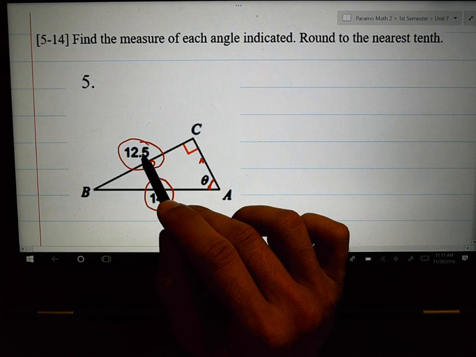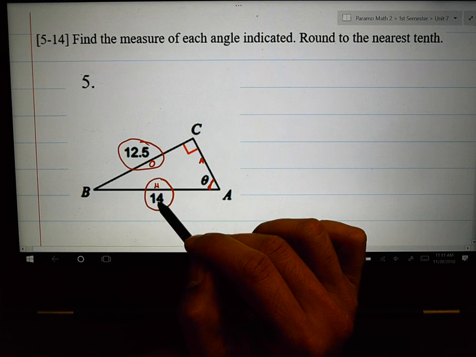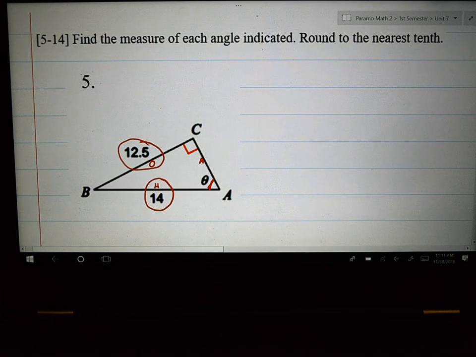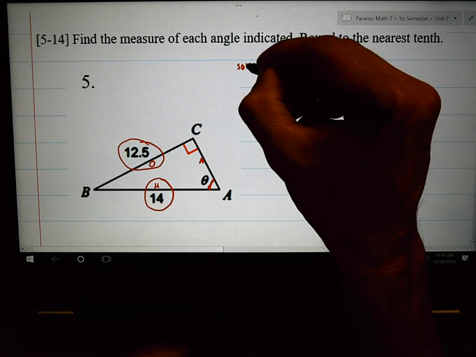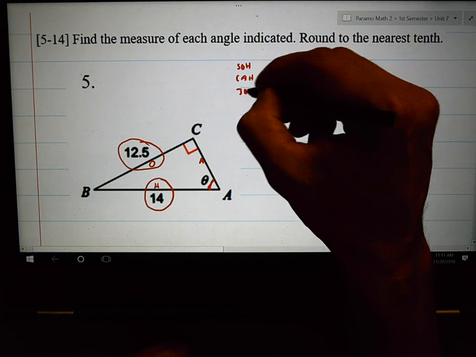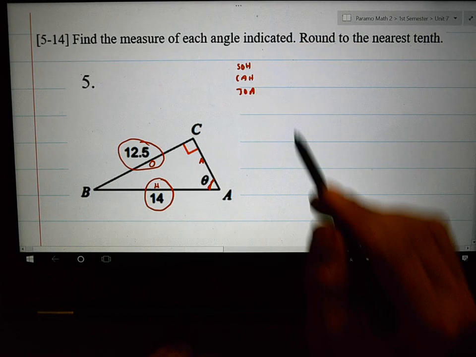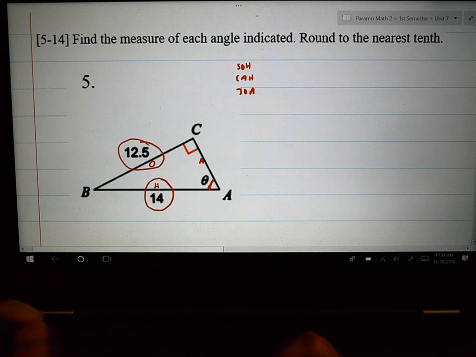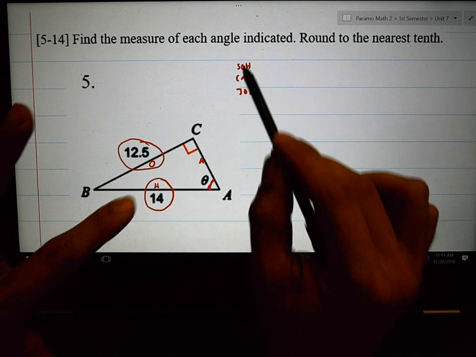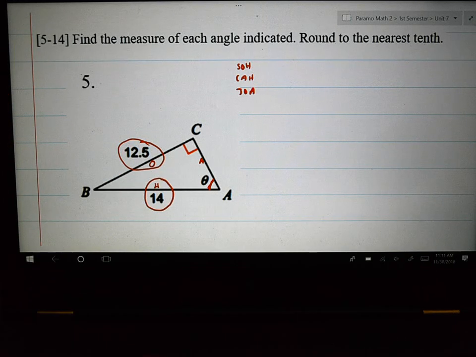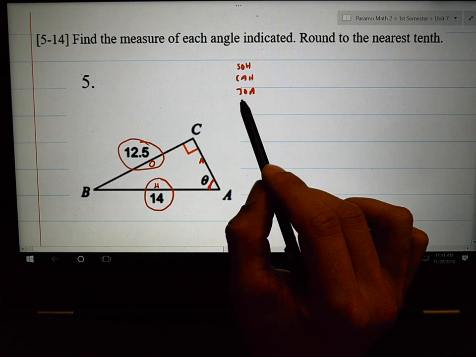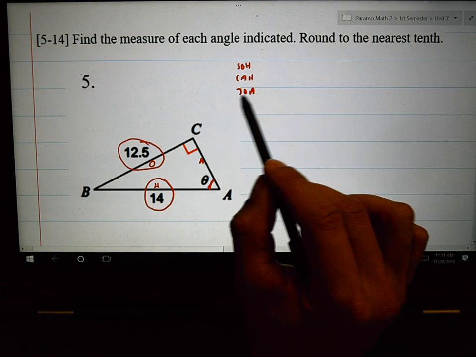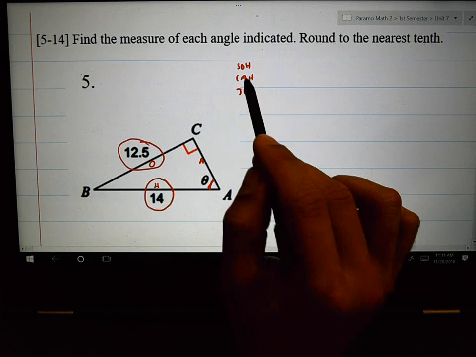I circled the 12.5 in the O and the 14 in the H because that's going to let you know which trig function you need to use. We talked about SOHCAHTOA. Of our 3 trig functions, only one of the 3 trig functions has an O and an H. It can't be CAH because that has an A and H. It can't be TOA because that has an O and an A. The only one that has the O and H is the SOH.